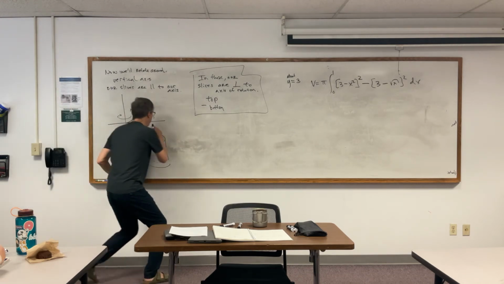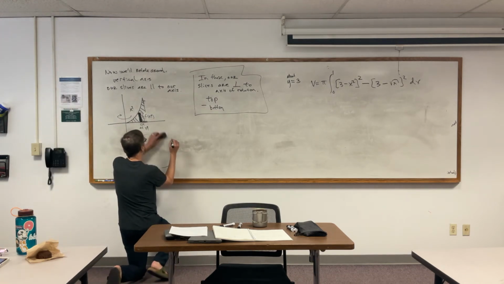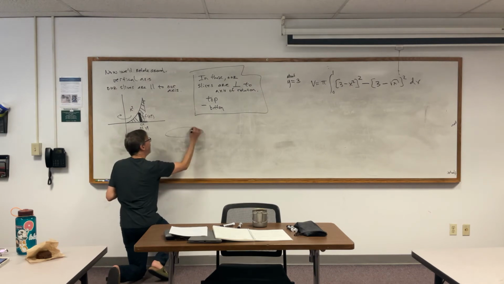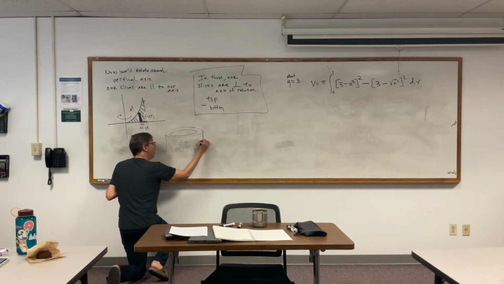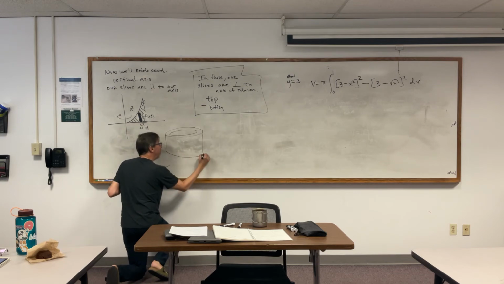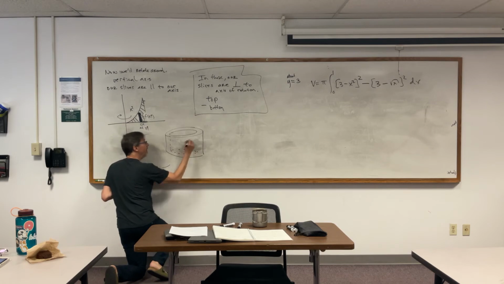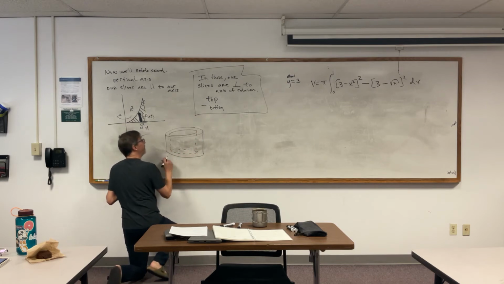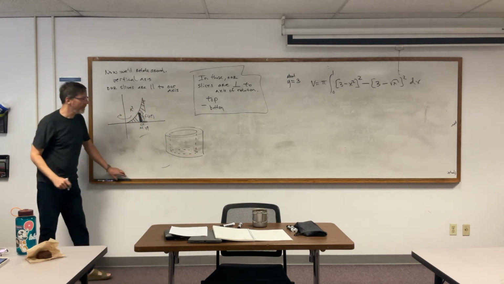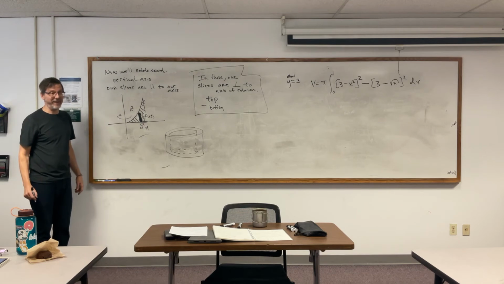So when I spin that thing around, what I get is something that looks like a tin can. We just have to figure out what the volume of that tin can is.